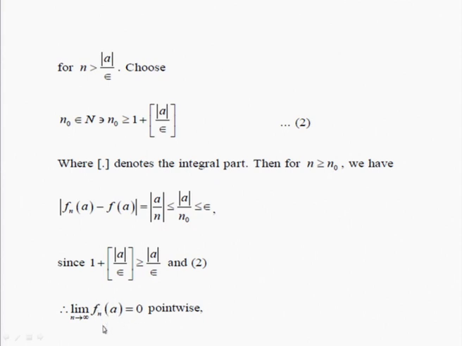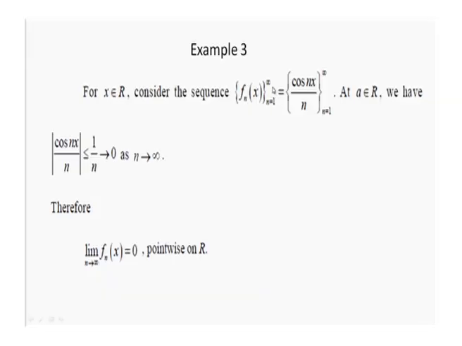In some situations you may have functions like this: f_n(x), n equal to 1 to infinity, where you have cos(nx) by n as your f_n(x), and its modulus is at most 1 by n. As n goes to infinity, this goes to 0, and 1 by n is independent of x, and therefore this f_n(x) converges to 0, but here n_0 does not depend on x.